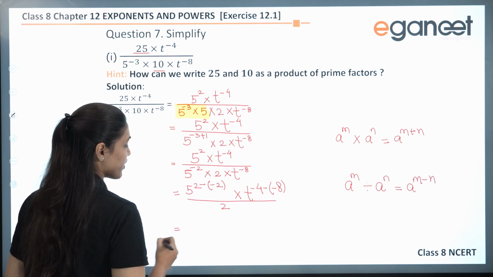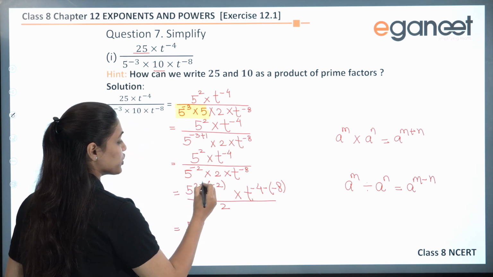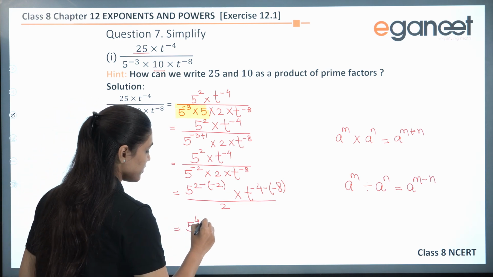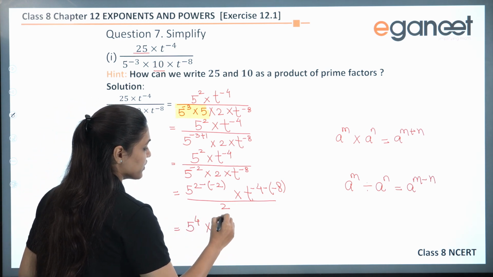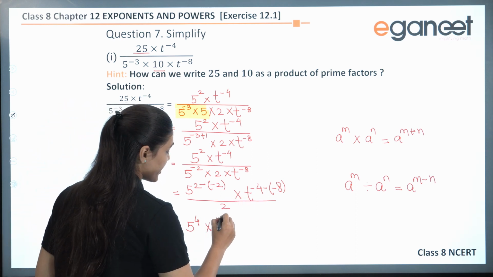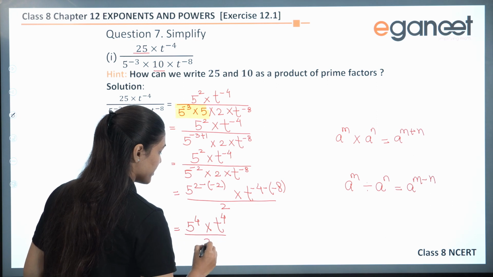Now if we simplify this further, we will get 5 to the power 2 minus of minus 2 is 2 plus 2, which is 4, into t to the power minus 4 minus of minus 8 is minus 4 plus 8, which is again 4, divided by 2.